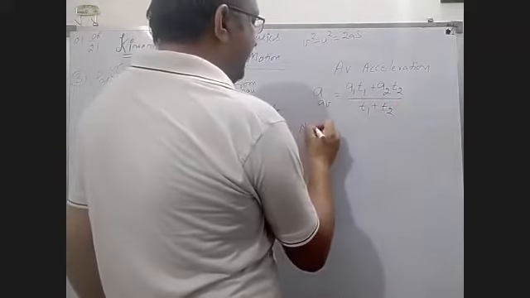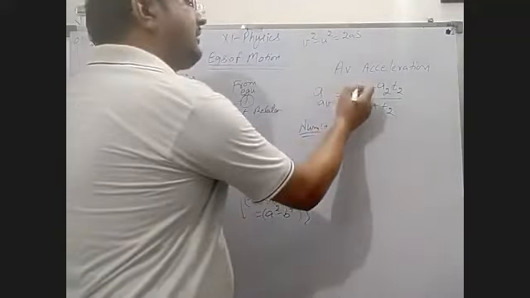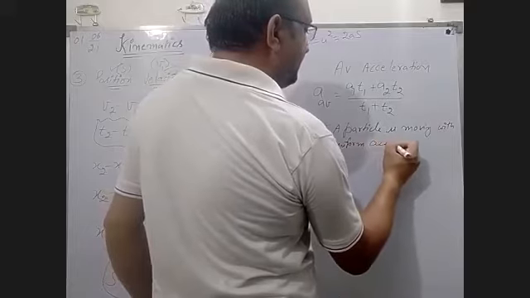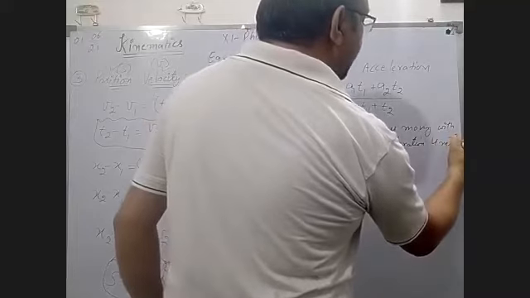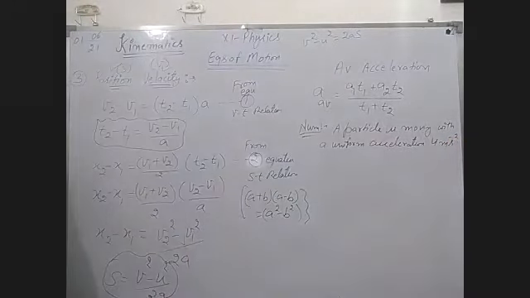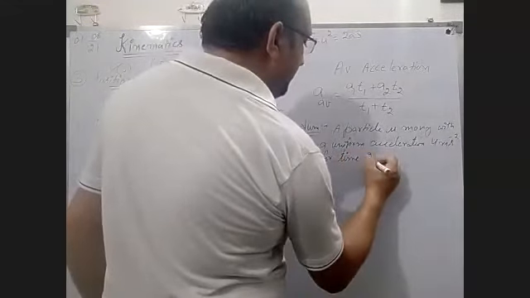Okay, and now we are taking one numerical for this. A particle is moving with uniform acceleration 4 meter per second square for time 2 seconds.